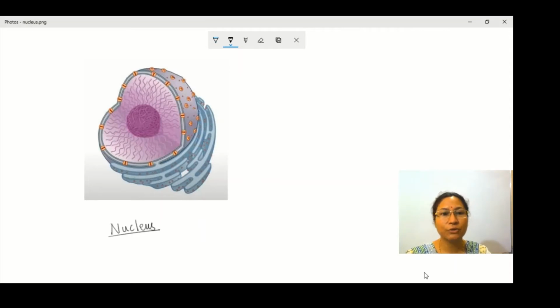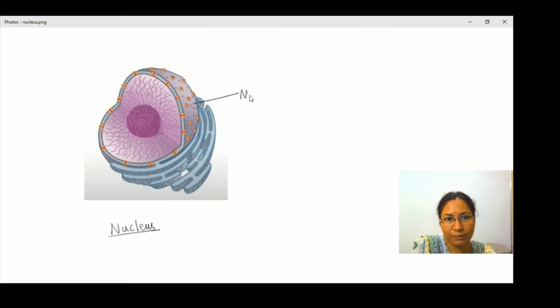Students, in front of you on the screen is the nucleus. The nucleus in an animal cell is present in the center of the cell, and in the plant cell it will be present towards the periphery because of the presence of a large vacuole. Now when you look at the nucleus, it is said to be the controlling center, and it is covered with a nuclear membrane.